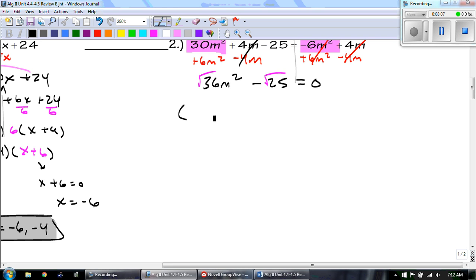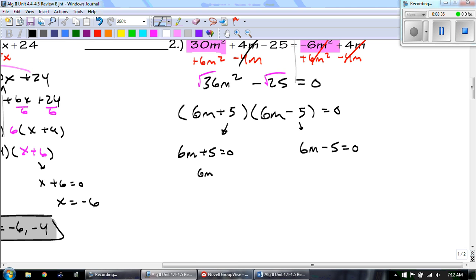The square root of 36m squared is 6m. The square root of 25 is 5, and one is a positive and one is a negative. And then, once again, everything with the variable you set equal to 0.